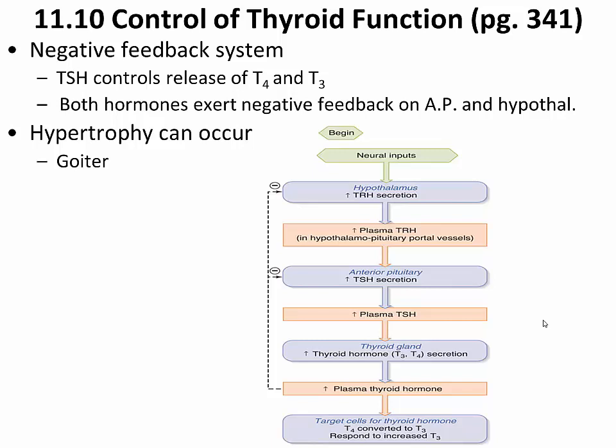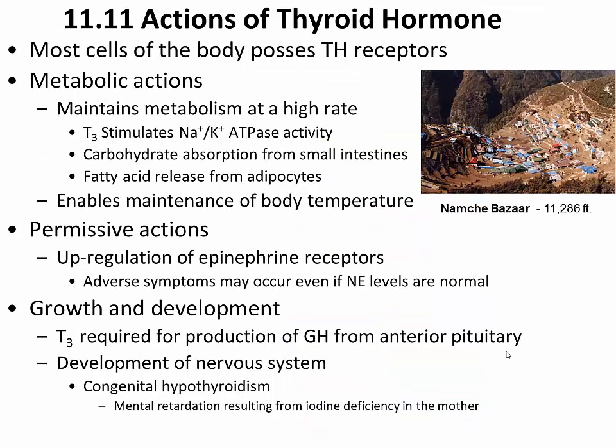There's nothing wrong with the thyroid gland, but it simply doesn't have the iodine that it needs to produce thyroid hormone. So it's continually bombarded by thyroid-stimulating hormone from the anterior pituitary, and even though it can't produce its hormone, the thyroid gland grows in size in response to that continual bombardment.